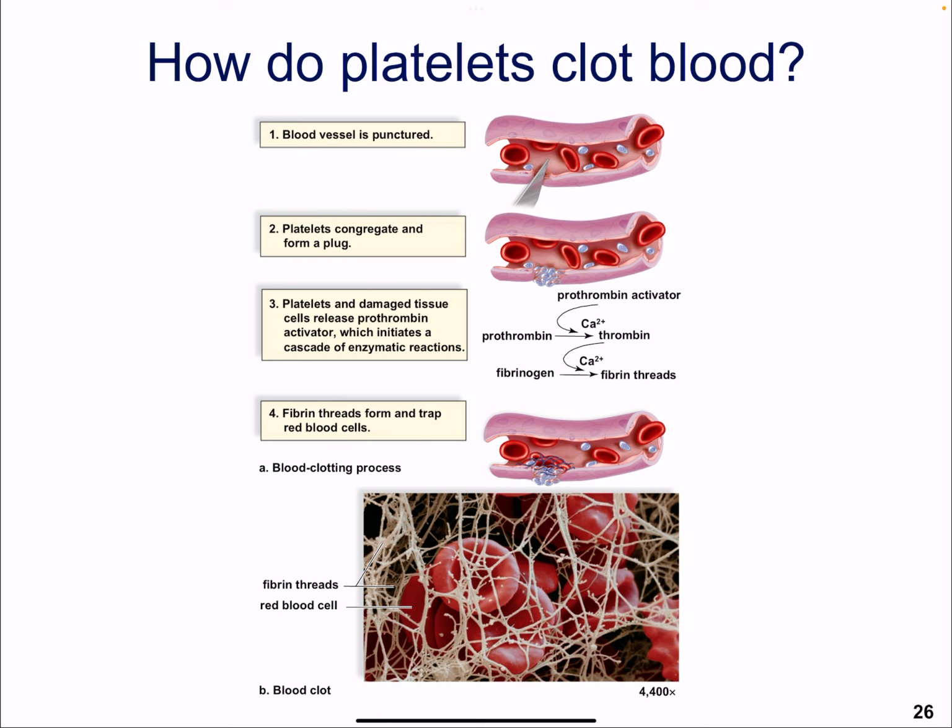Now, let's see what happens during blood clotting. When you have a breach in your skin and you start bleeding, you are bleeding because there was a breach in a blood vessel. So you have a puncture in a blood vessel right here.